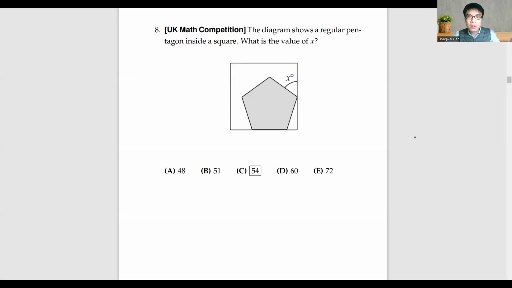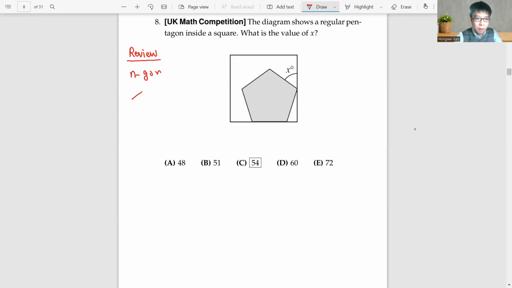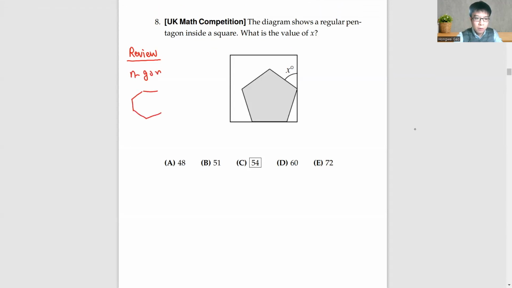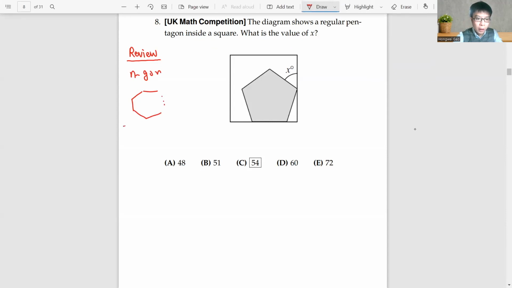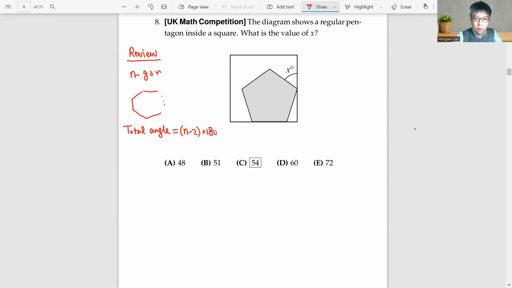Question 8. The diagram shows a regular pentagon inside a square. What's the value of x? So let's review the angles in a general polygon. For a polygon with n sides, the sum of all angles equals n minus 2 times 180 degrees.